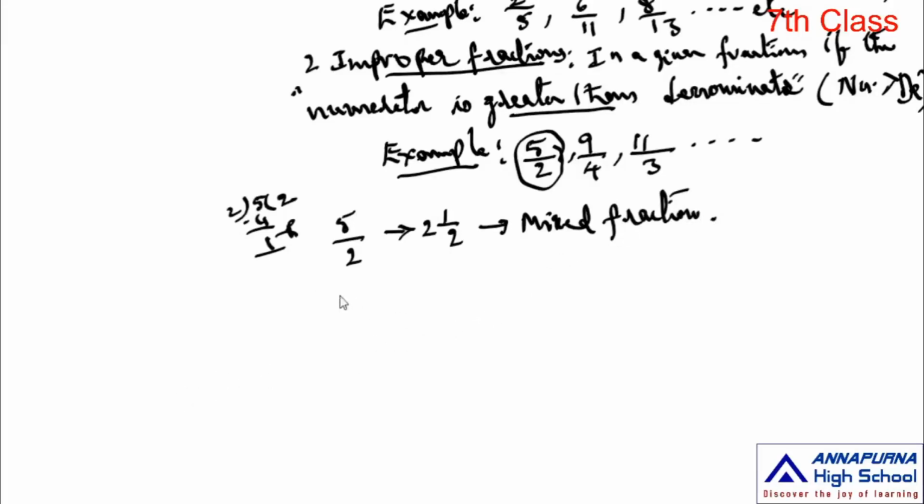So here mixed fraction means, if you observe it, it is the combination of whole number and 1 by 2. 1 by 2 means it is the proper fraction. Therefore mixed fraction means it is the combination of a whole part and a fractional part. That fractional part is called proper fraction. So you can take this one as the third one.